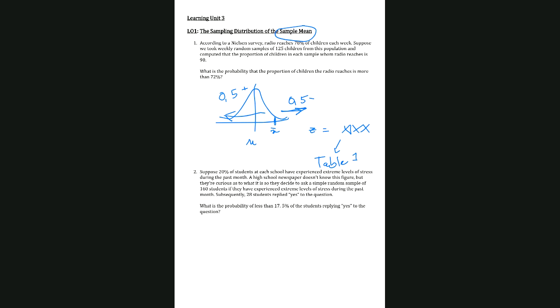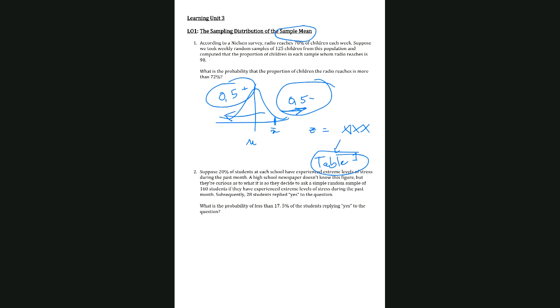We'd get a value, which would be the probability, and then we would apply that in terms of either saying 0.5 minus that value we get from the table or 0.5 plus that value. So this is what we had looked at so far, and we're going to follow exactly the same steps in this learning unit, your sampling distributions.